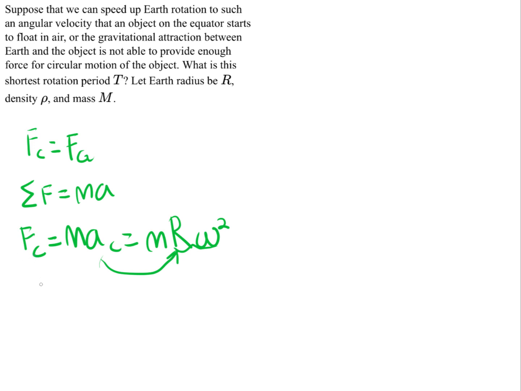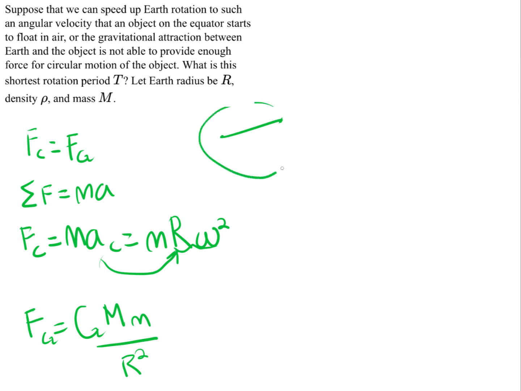Now we need to figure out the gravitational force. So the gravitational force is equal to the gravitational constant times the product of the two masses. I'm going to call big M the mass of the Earth, and little m the mass of the object, or whatever is on the equator. And we're going to divide that by r squared, which is the distance between the centers of the two objects.